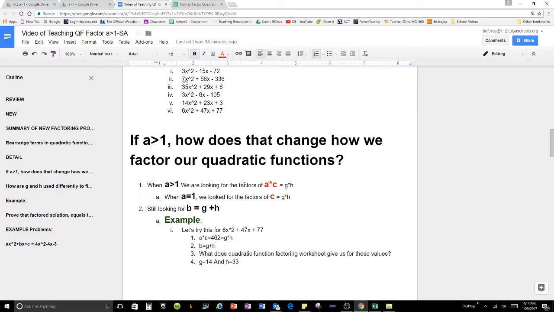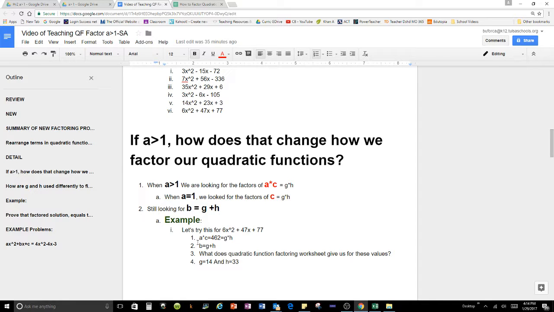Remember, if a is greater than 1 and we want to find g and h, we have to multiply a times c to find out what g times h is. When a was equal to 1, we only looked at c. But since a is greater than 1, we need to look at a times c equal to gh. And remember, for b, we still want b to equal g plus h.